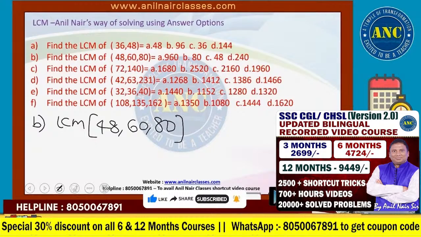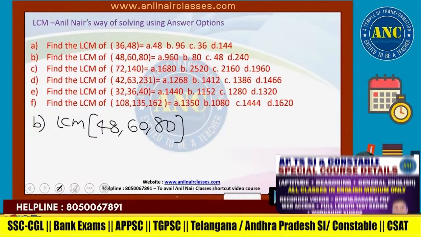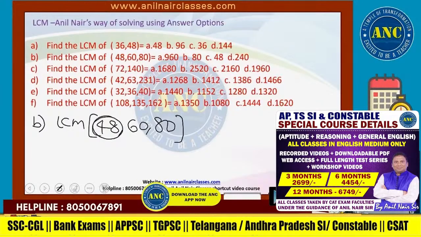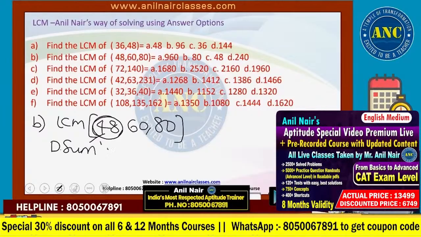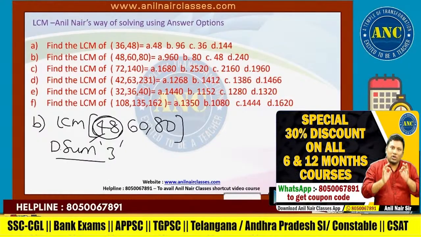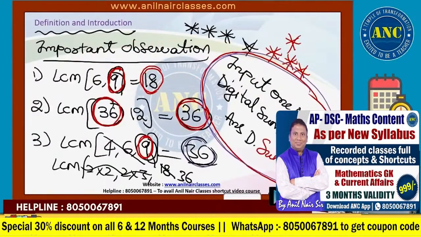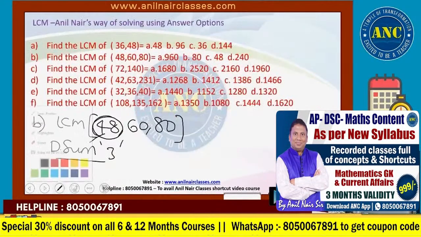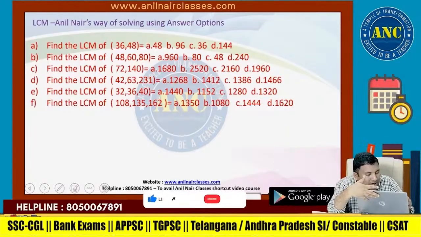How am I eliminating answer options? 48 digital sum is 4 plus 8, 12, 1 plus 2, 3. If one number's digital sum is 3, the answer's digital sum will also be a multiple of 3. Instead of digital sum, I will write like this, otherwise confusion will be there.